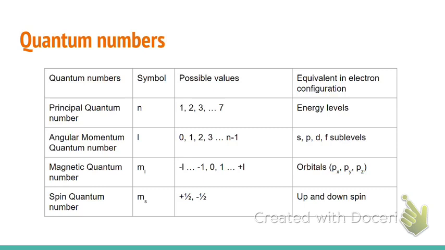So ideally what you're supposed to be able to do is, each electron in each element has its own set of quantum numbers. And the quantum numbers are given in groups of 4 with parentheses around it.